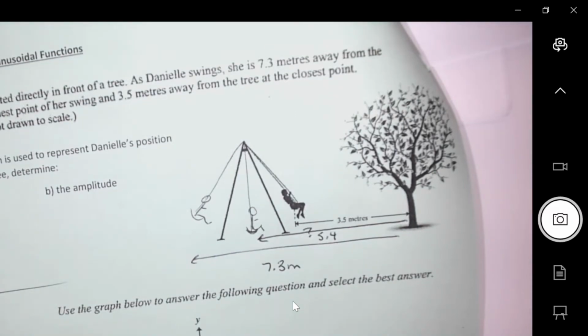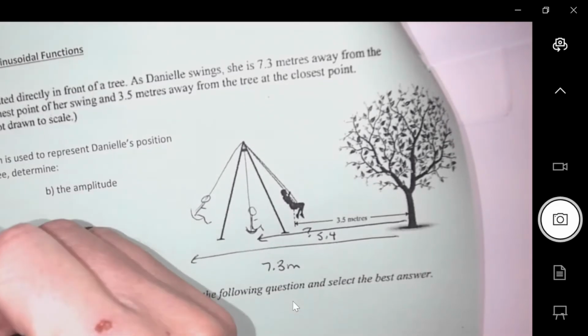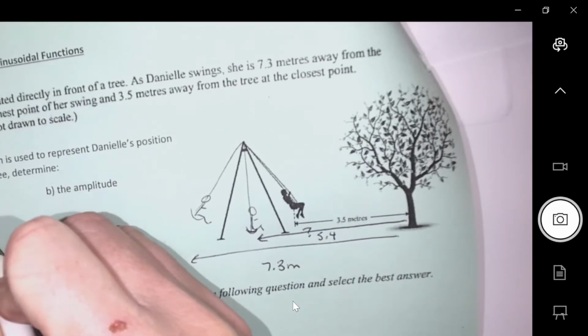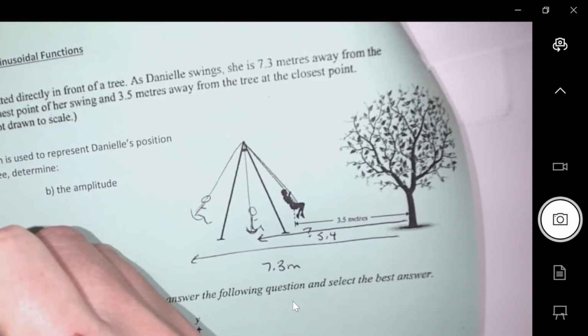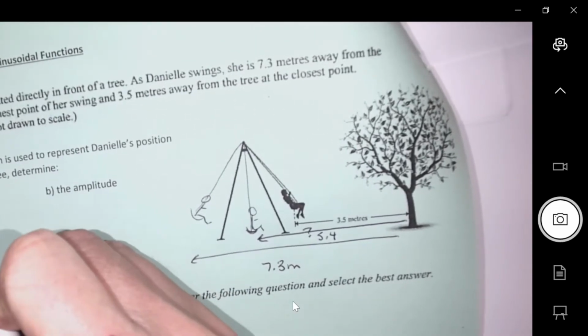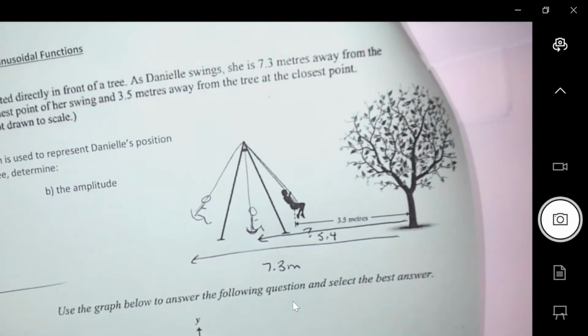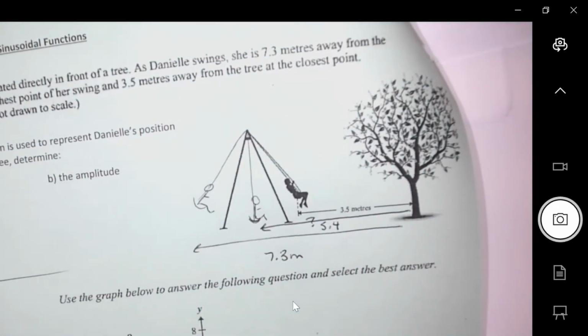What do you always do on a swing? Do you go backwards or forwards first? Backwards first. You push your legs back. Okay. So if I'm going to go backwards, then I'm going to 7.3. And then what do you do on a swing? Then you would pass the bottom again, right?